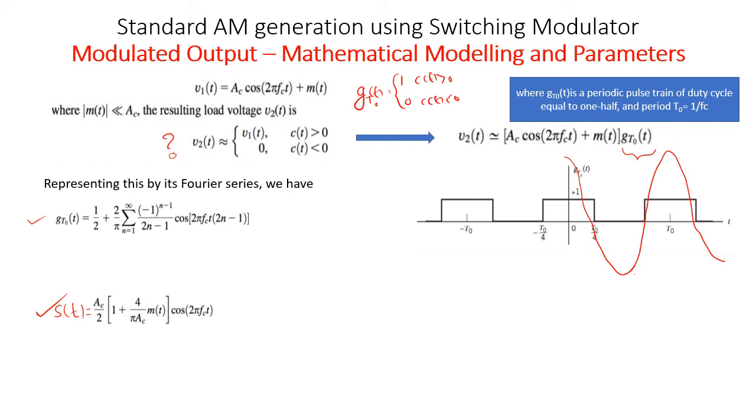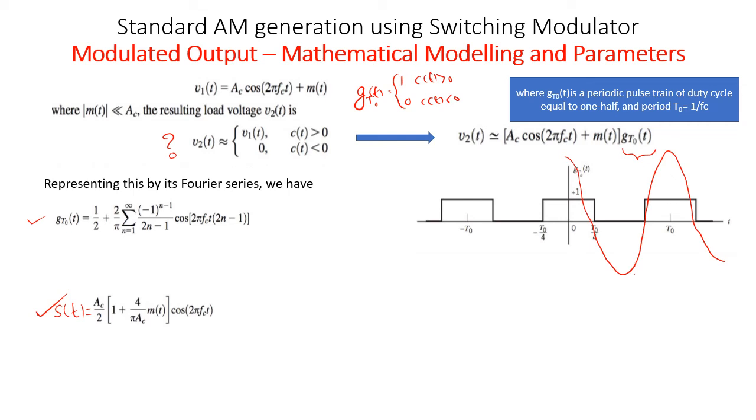What it says is that this pulse train can be represented as a DC term plus 2 by pi cos(2 pi f_c t) minus 2 by 3 pi cos(2 pi 3 f_c t), so odd harmonics of the sinusoid. I assure you I'll be giving you a GeoGebra simulation plus a write-up on this, because I want you to accept and appreciate this. So this g_T0(t) is like this.